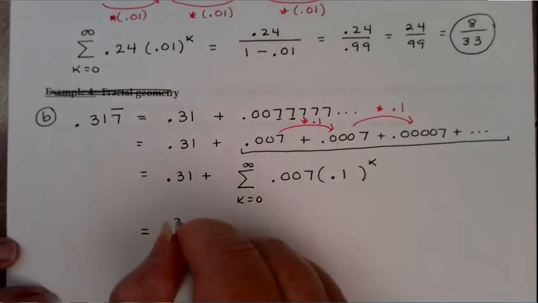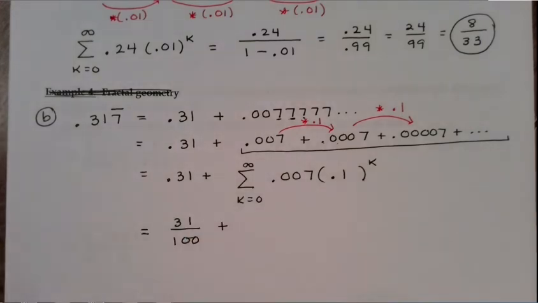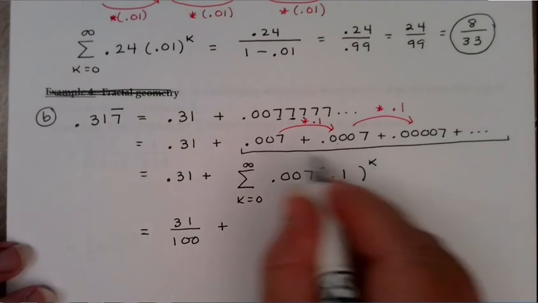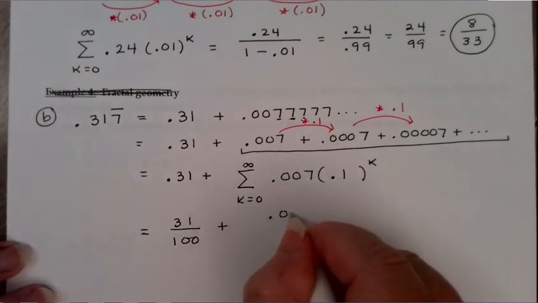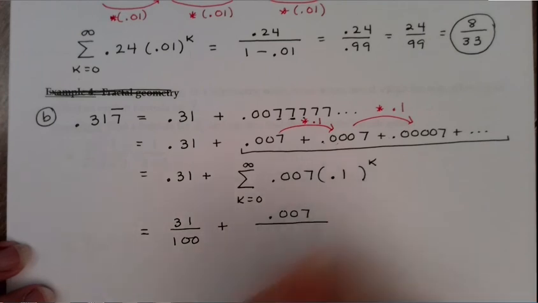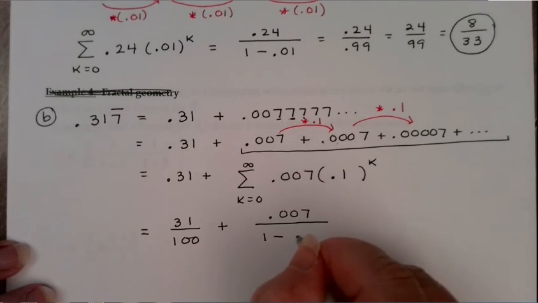All right, so we got 31/100ths plus, using my geometric series formula here, A is 0.007 divided by 1 minus the 0.1.